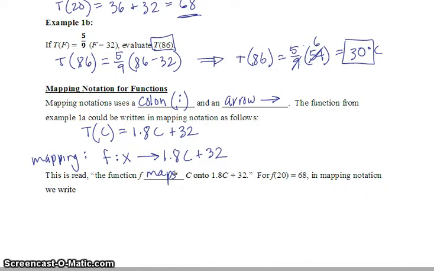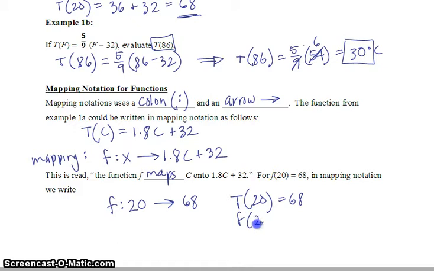For t of 20 equals 68, in mapping notation we would write t colon 20 arrow 68. So that's how we would write it in mapping notation instead of that other way where it was t of 20 equals 68.